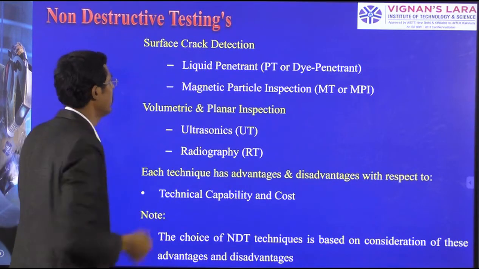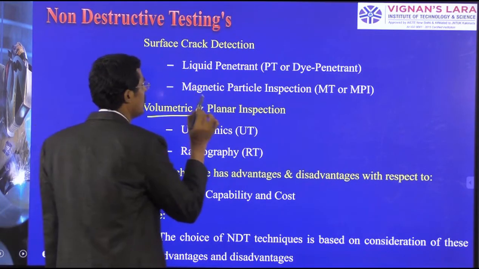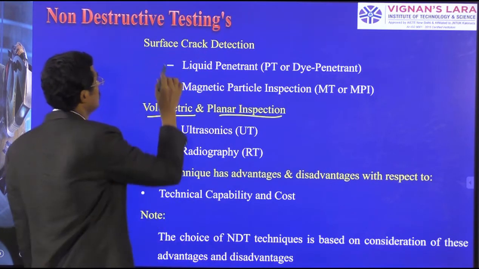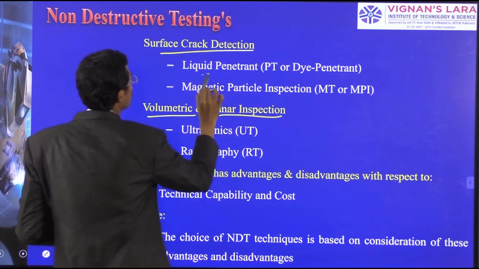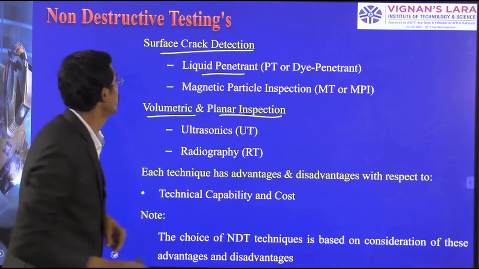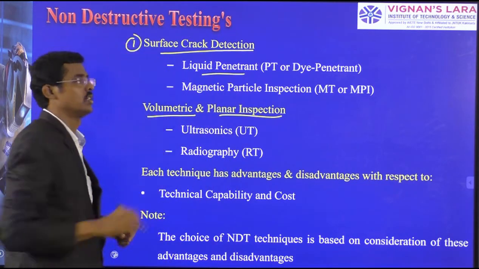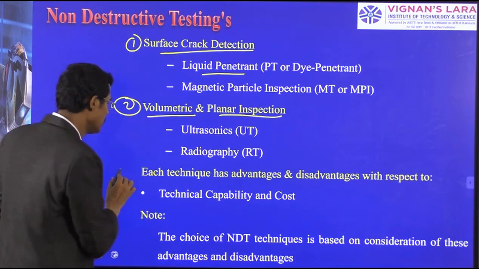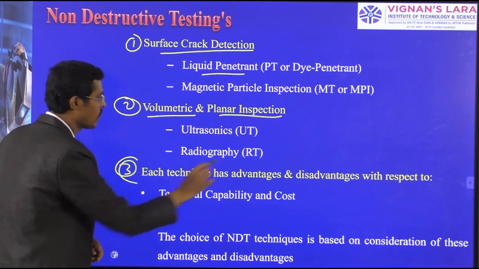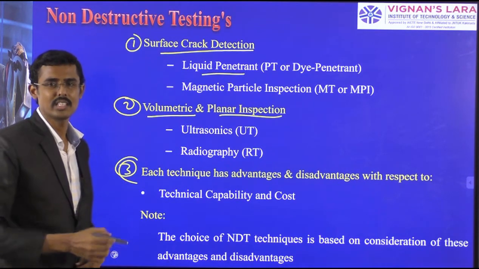Now I am dividing into volumetric and planar inspections. The surface cracking defects can be found by the liquid penetration test. So here I am covering the surface defects. Each technique has its advantages and disadvantages.